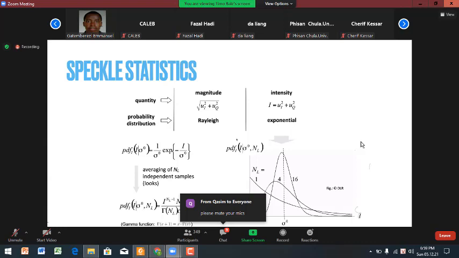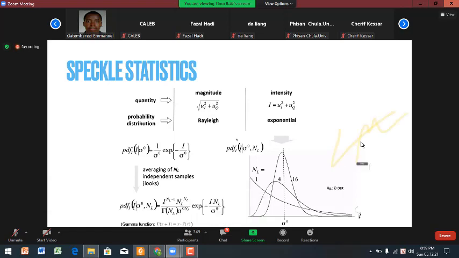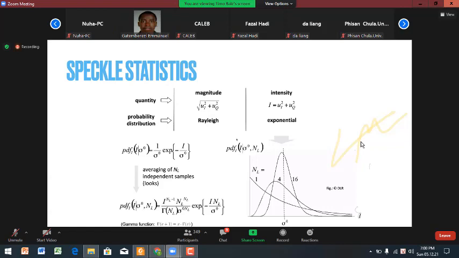So we are looking at the statistics and the statistical forms of speckle, and for example the magnitude of the speckle has a Rayleigh distribution, and if we know which type of distribution it has, we can use that information to better remove it, for example, by using the gamma function in a speckle filter. Right? But what we do to reduce speckle is using statistics, some kind of statistical operation.